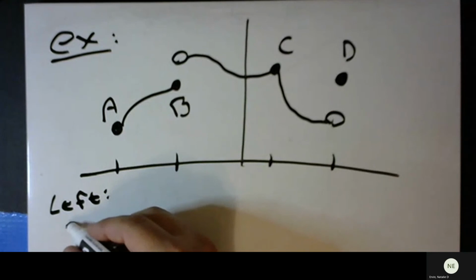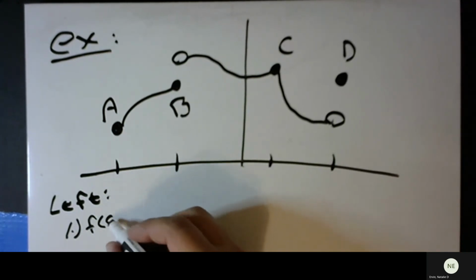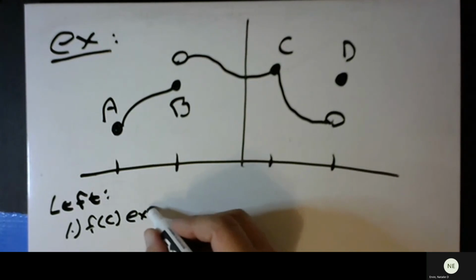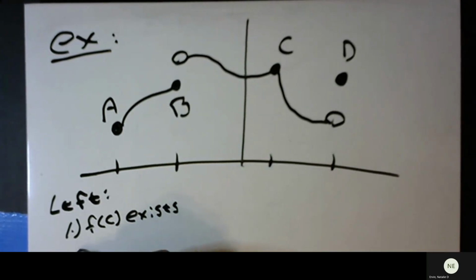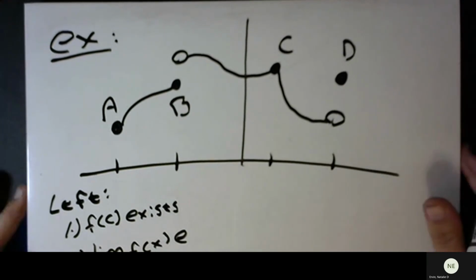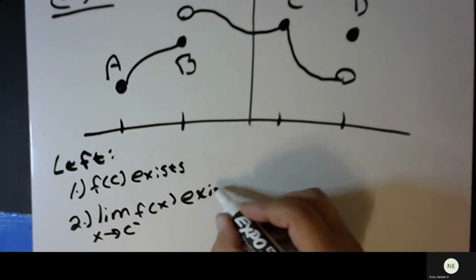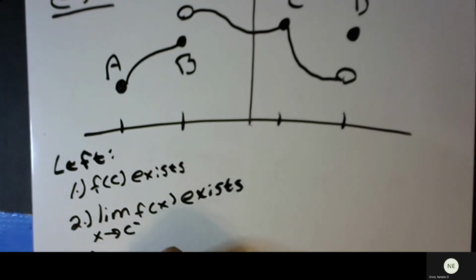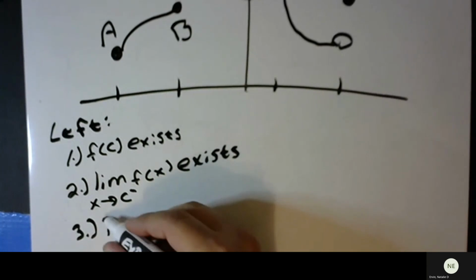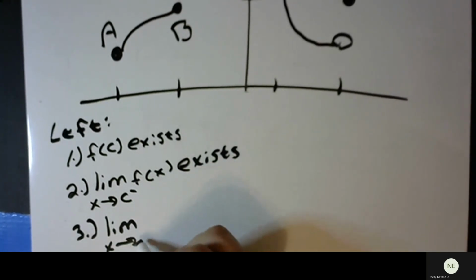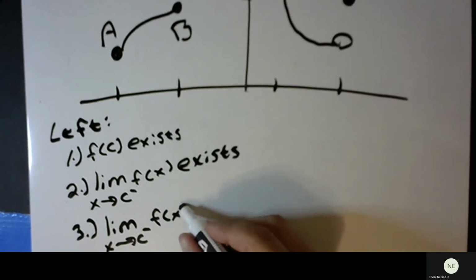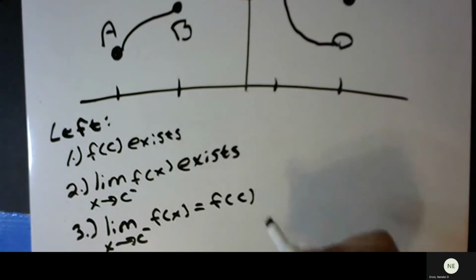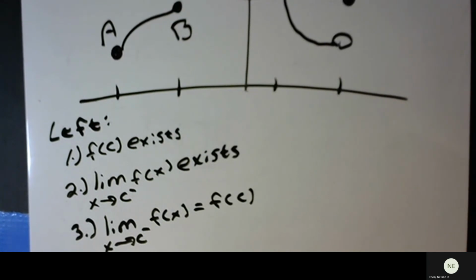That means that f of c exists, and then the limit as you approach c from the left exists, and then this limit as x approaches c from the left of f of x equals f of c. You'll have something like that.